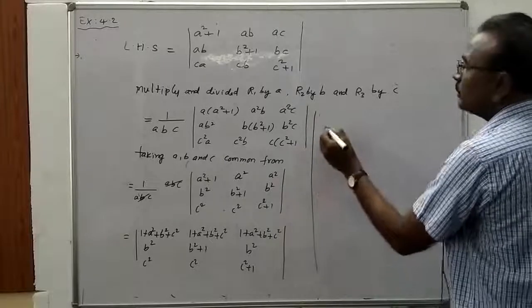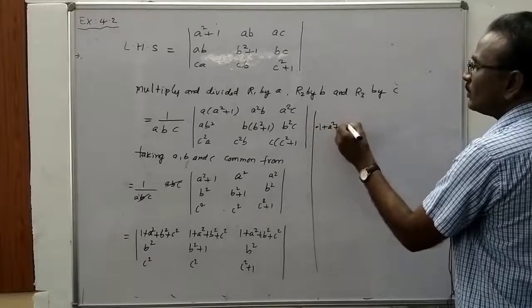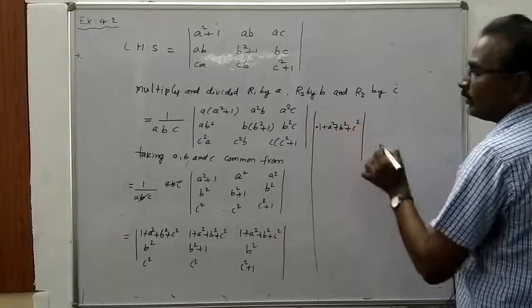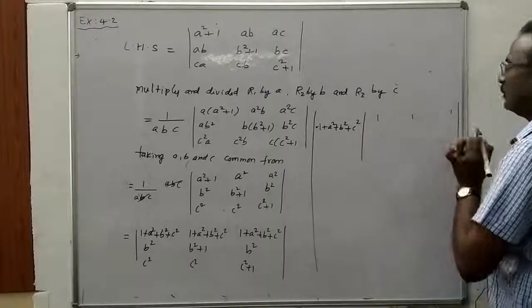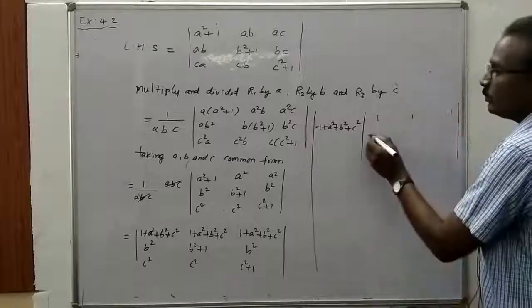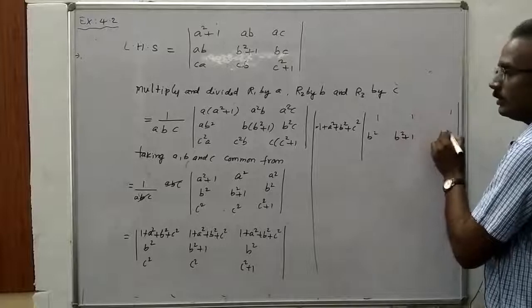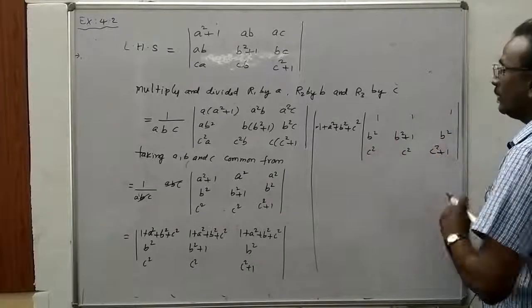That becomes 1 plus a square plus b square plus c square times the determinant with first row 1 1 1.